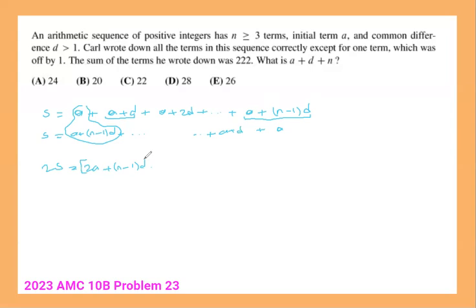Since we didn't change the number of terms when we added this backward, the number of terms in this list is still n. So the sum of those is going to be n of these same terms when you combine them. If you divide by 2 to get the nice formula, it's going to be n over 2 times 2a plus n minus 1 d. Again, this is something you probably already know because this is really common, but it's sometimes confusing to remember.